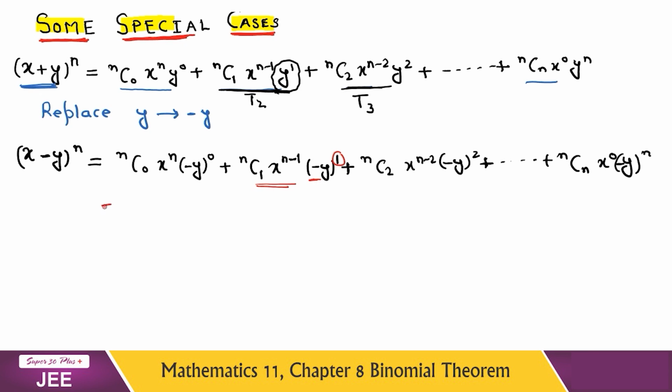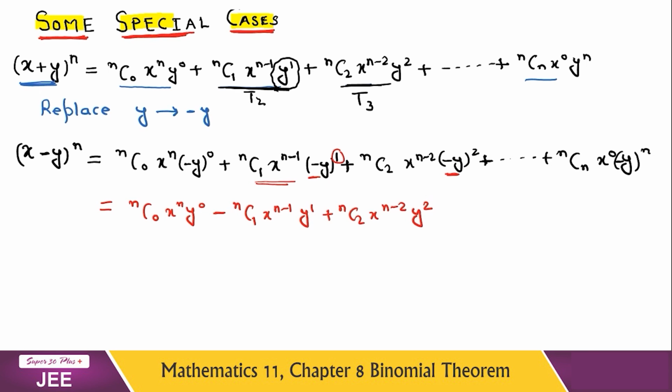So this can be written as nC0 x raised to the power n y raised to the power 0 minus nC1 x raised to the power n minus 1 y raised to the power 1 plus nC2 x raised to the power n minus 2 and y square. Because here, whether you square minus y or square y, it is one and the same thing.